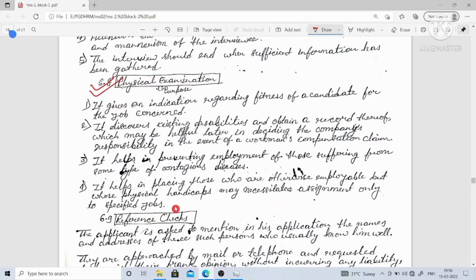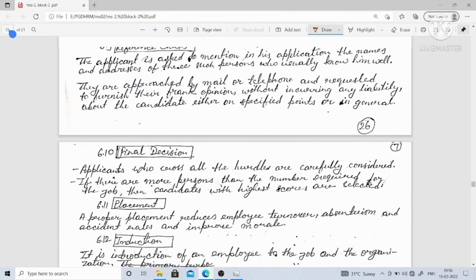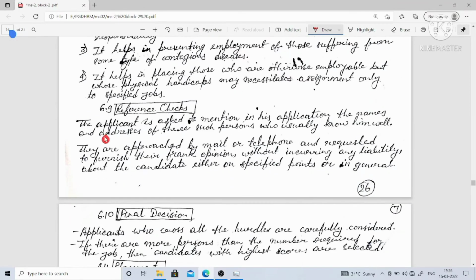Reference checks. The applicant is asked to mention in his application the names and addresses of three persons who usually know him well. They are approached by mail or telephone and requested to furnish their frank opinion, without incurring any liability, about the candidate, either on specified points or in general.